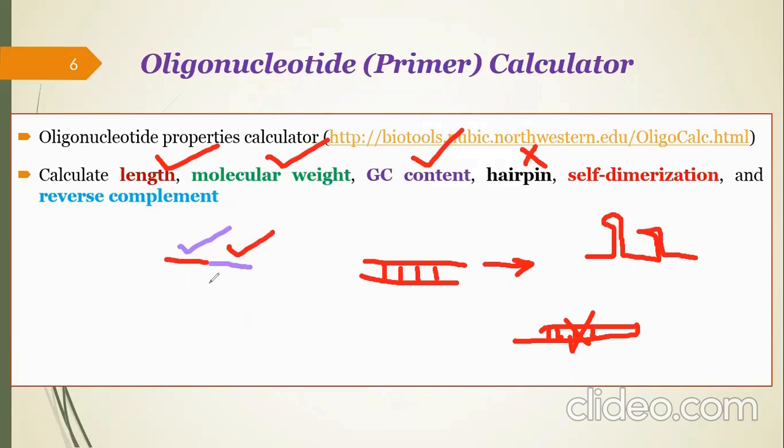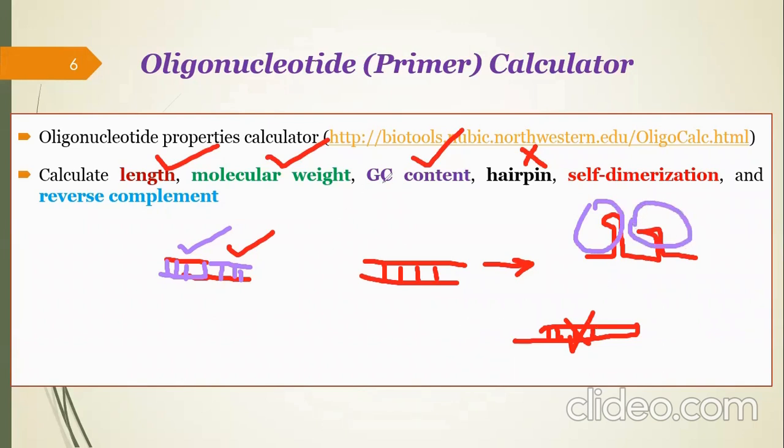It could happen that the other primer will dimerize like this. The dimer could form, it could self-dimerize, or it could cross-dimerize, or it could make hairpin structures.